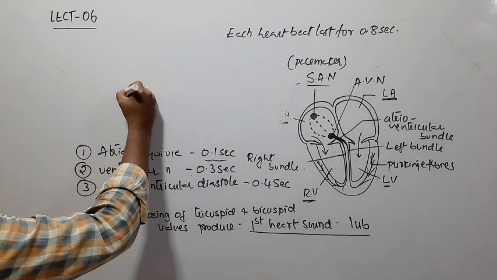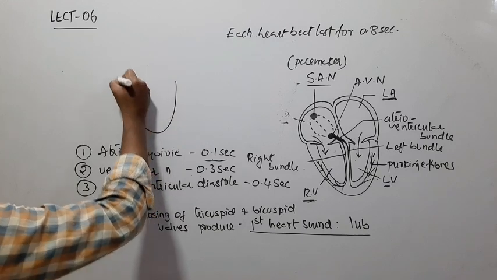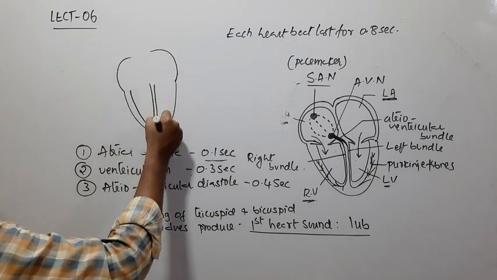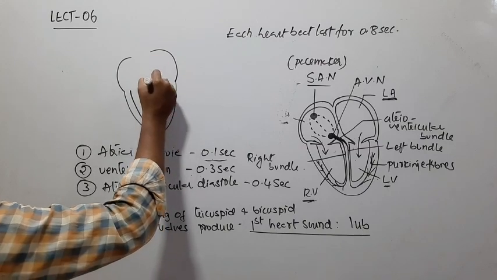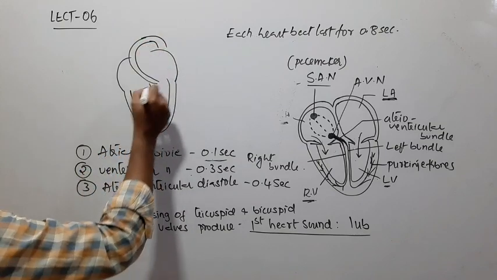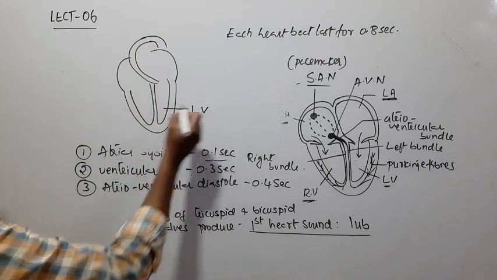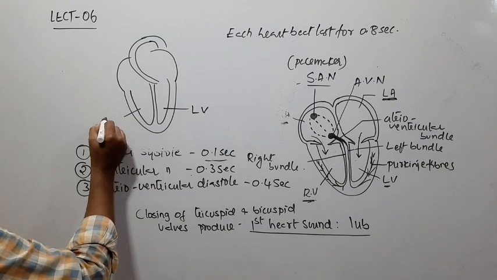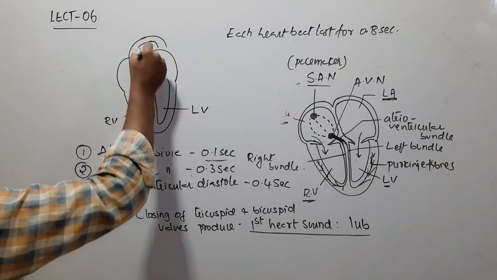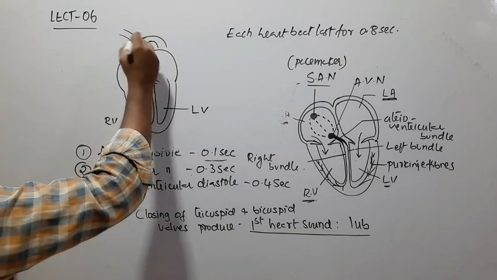Okay, here I'll show it. From here is the aorta from the left ventricle, and from the right ventricle is the pulmonary artery.